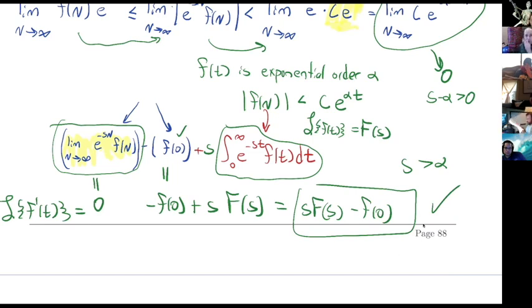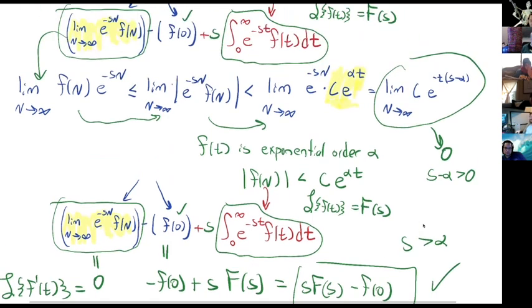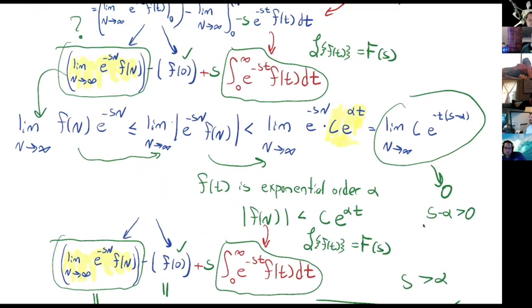Okay, any questions? Yeah, just go back up a couple of rows, where you have the limit, that last part of the limit that you have circled in green. How did you replace n with t there, the lowercase t? So let's see.